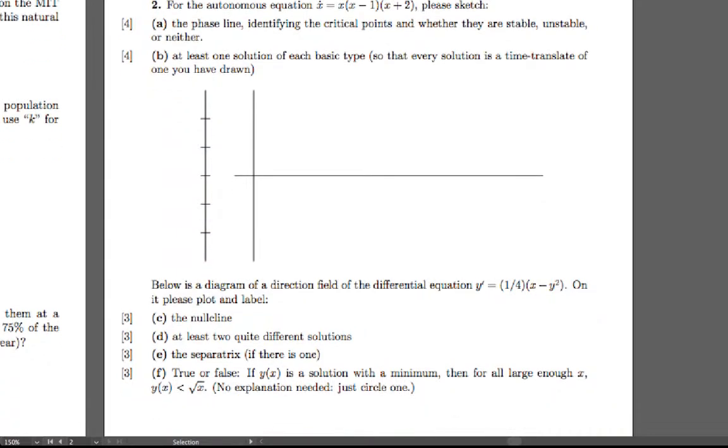Okay, below is a diagram of a direction field of the differential equation. On it, please plot the... wait, what? We don't have the diagram of the direction field of the differential equation y prime equals that.